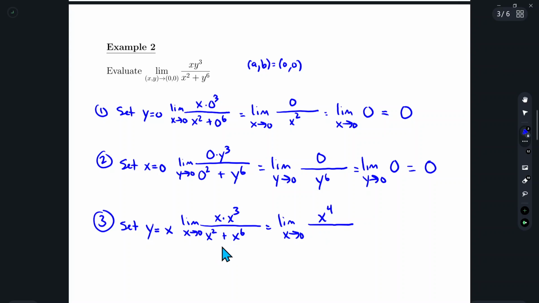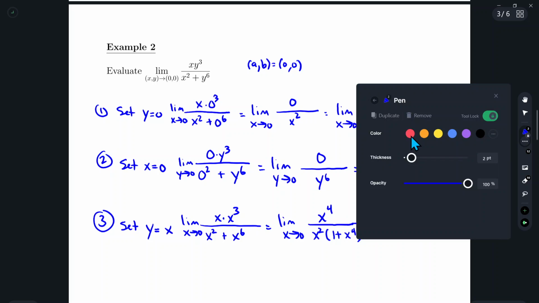However, what we can do is both terms contain x's, so we can factor. So let's factor out an x squared. You're left with 1 plus x to the 4th. So we'll see why we need to factor in a second, right? So by factoring out the x squared, I can now cancel some of the x's.